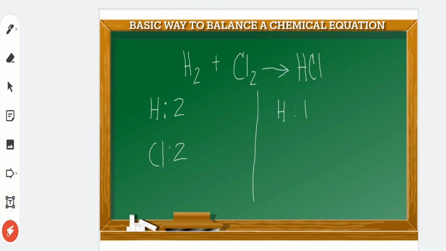So we have one atom of hydrogen, and for the chlorine, we also have one. Obviously, the number of hydrogen in the reactant and in the product side is not the same. Same also for our chlorine. So we can say that the chemical equation is unbalanced and it doesn't follow the law of conservation of mass.